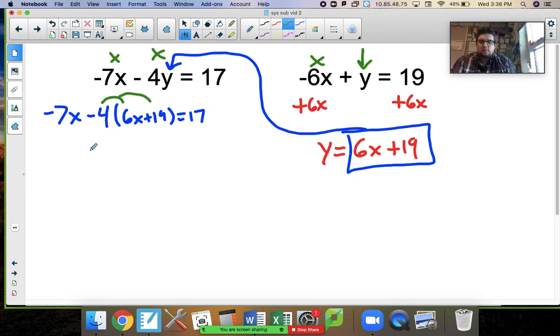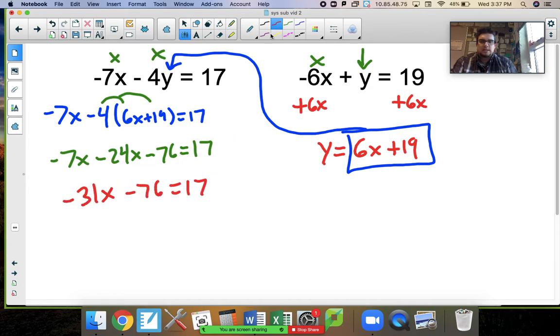Distribute the negative 4. Negative 4 and positive 19 gives us negative 76 equal to 17. Combine my like terms, so I get negative 31x minus 76 equals 17. Add that 76 to both sides. We get 93.